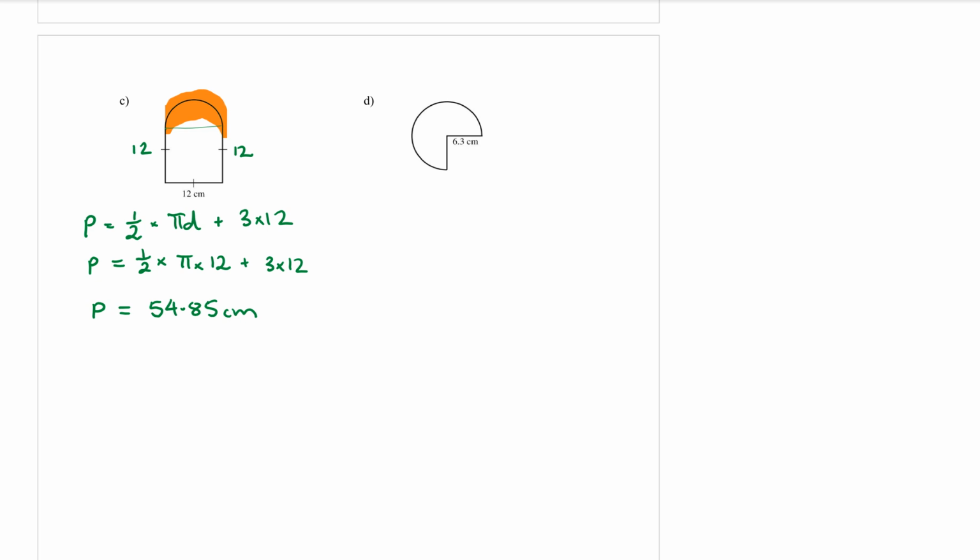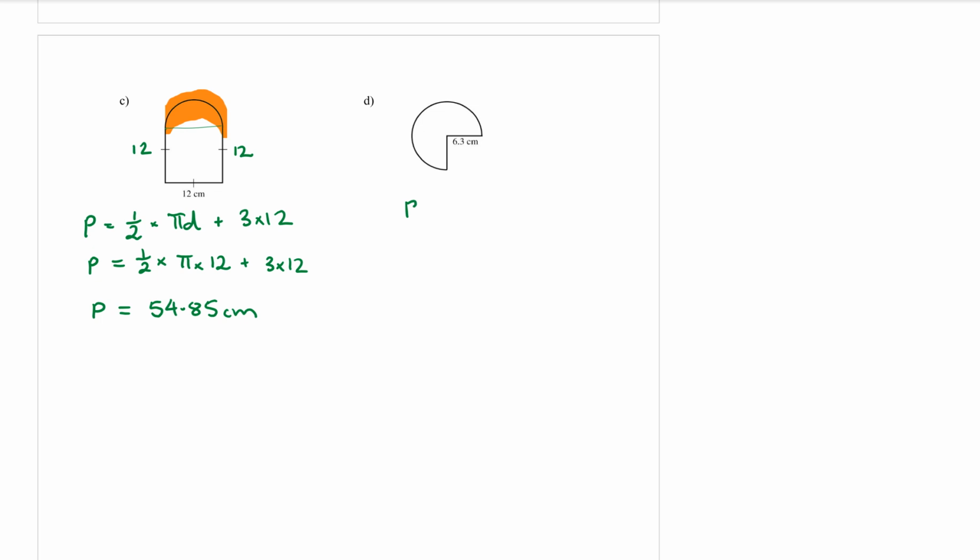And part D. Now, if you can imagine the whole circle being cut up into 4 pieces, we want 1, 2, 3 out of those 4 pieces. In other words, we have 3/4 of the circle here.